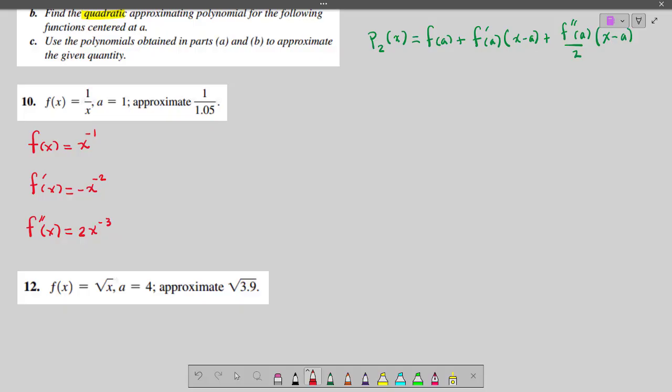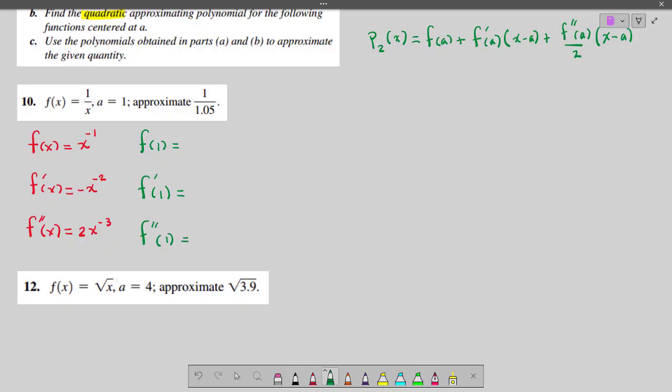We need the first and second derivative and the function evaluated at a. So my next column is the evaluation at a for each of these three functions.